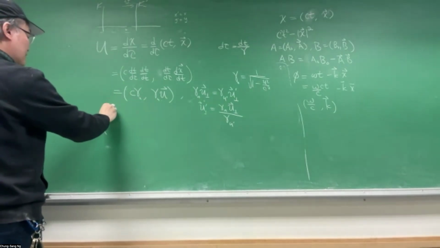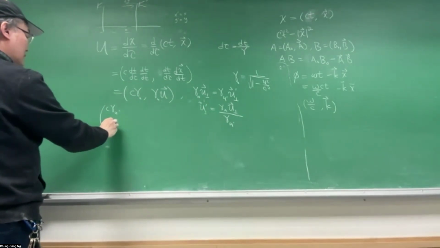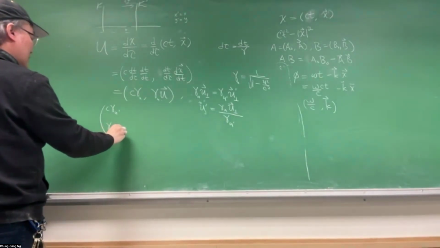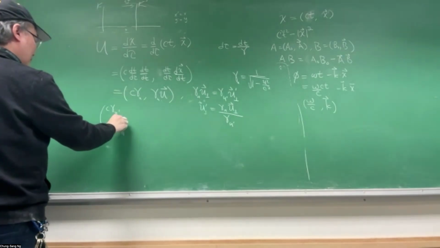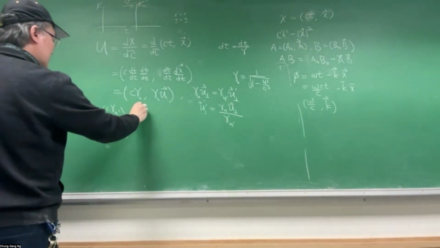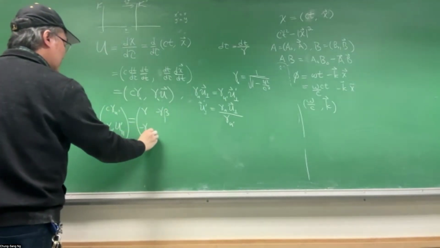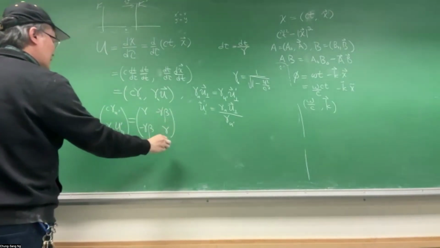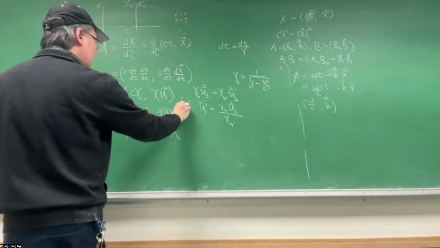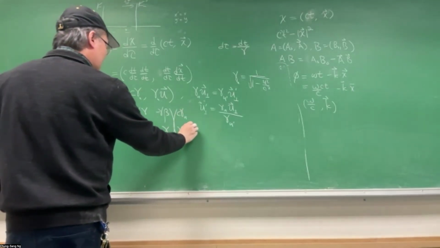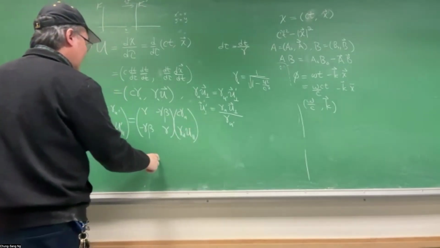Lorentz transformation. So you see gamma u prime, u parallel prime is now gamma u parallel minus gamma beta gamma u c.